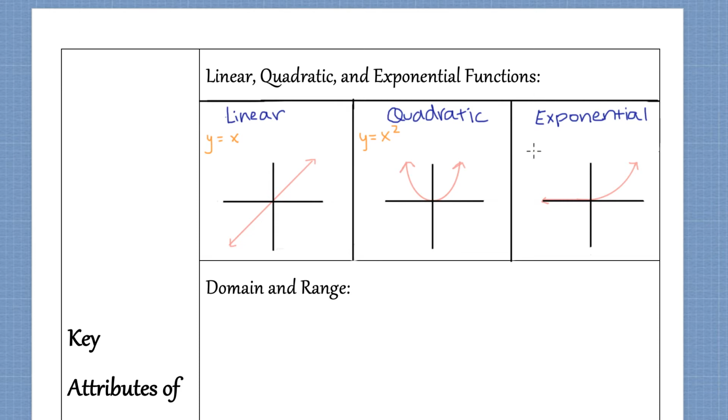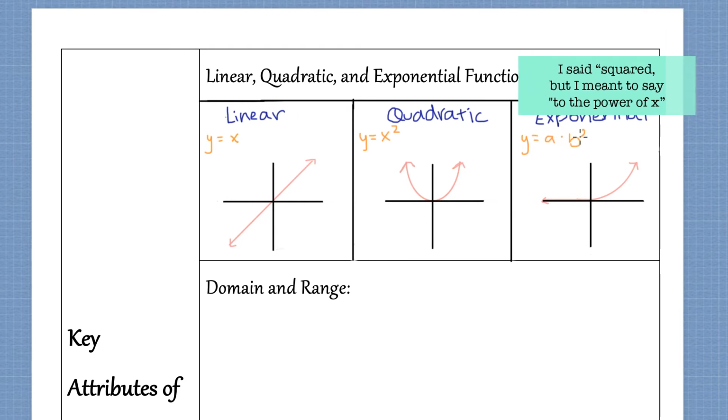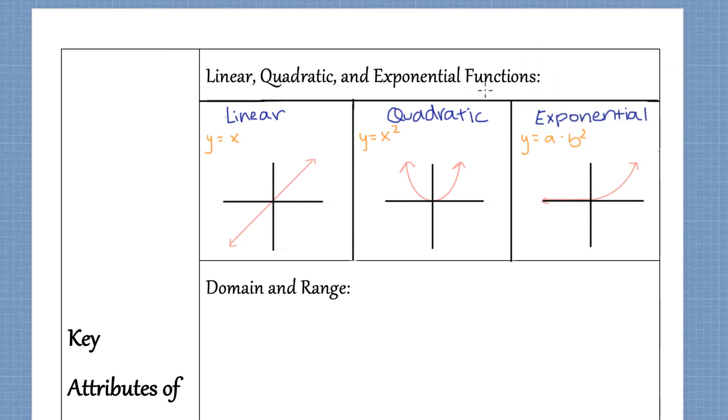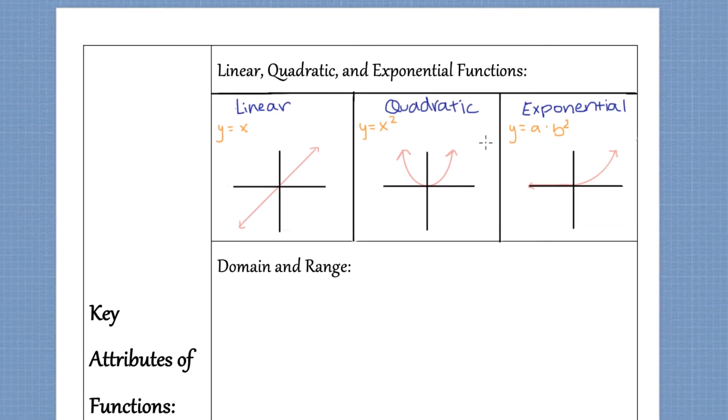For an exponential equation, it is y is equal to a times b squared. We're going to talk about the definitions of the variables in the exponential functions a little bit later. If you graphed each of these equations, you would find their parent functions.